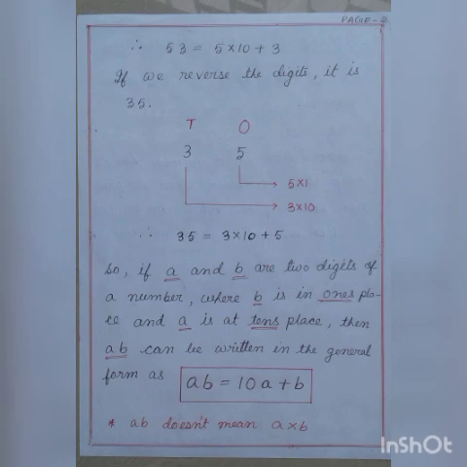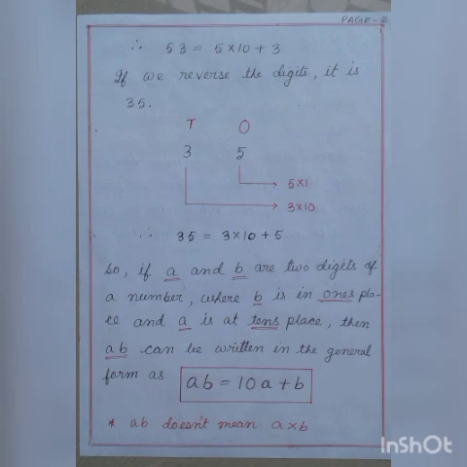So if A and B are two digits of a number, where B is in ones place and A is at tens place, then AB can be written in the general form as AB equals 10A plus B. As I have explained earlier, AB is equal to 10A plus B, the generalized form of the given number.